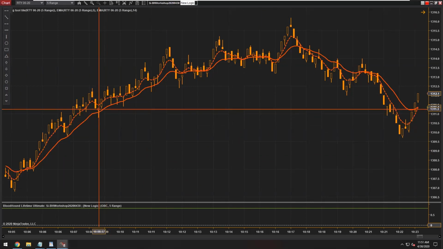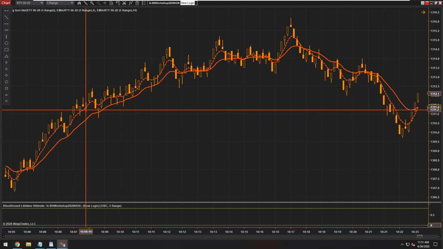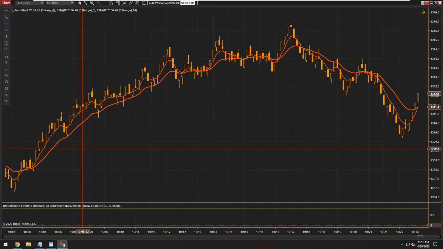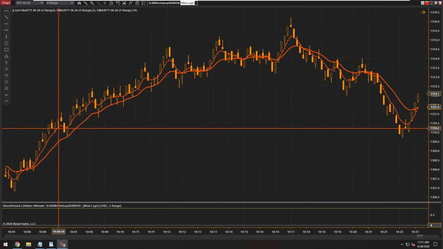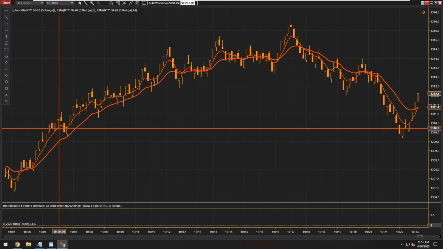Another good possible candidate, but again, this bar here broke the EMA5, so it disqualified it. Again, this looked like a good candidate, but these 2 previous bars broke it.